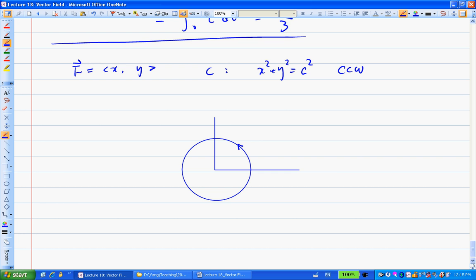So C goes counterclockwise, okay. And F is a vector field. And we're interested in this F dot dr, the circulation. Okay, the circulation. Is that good?